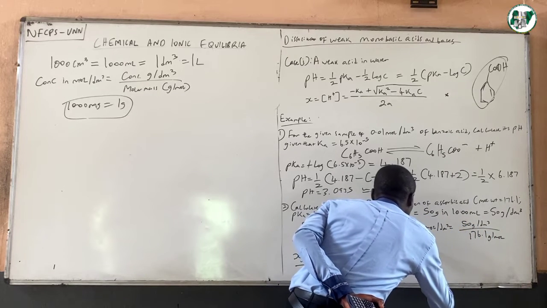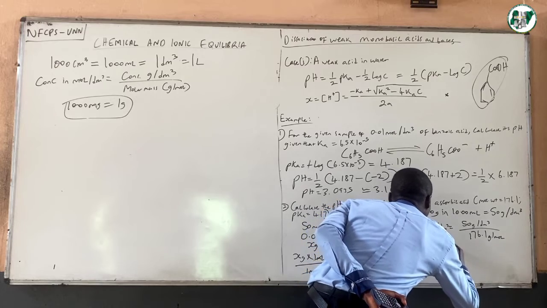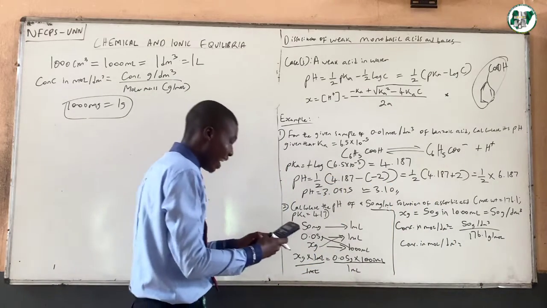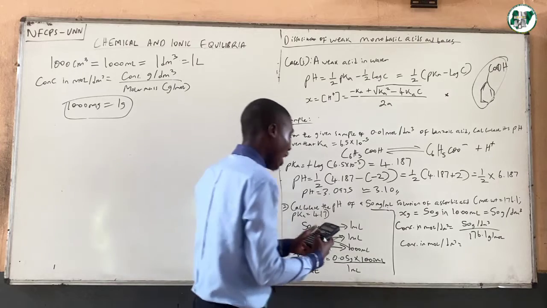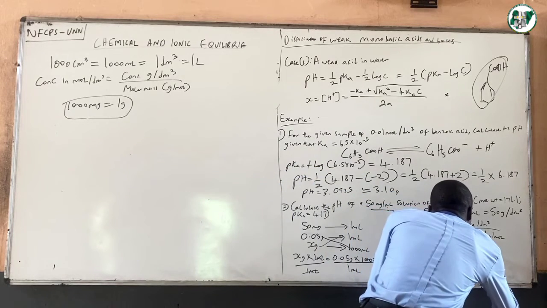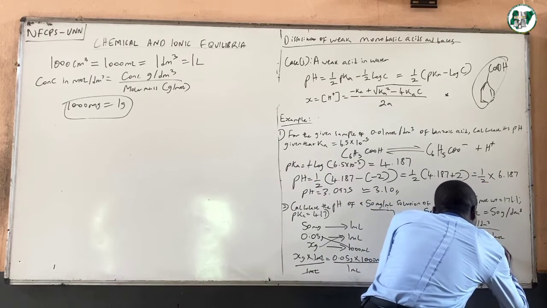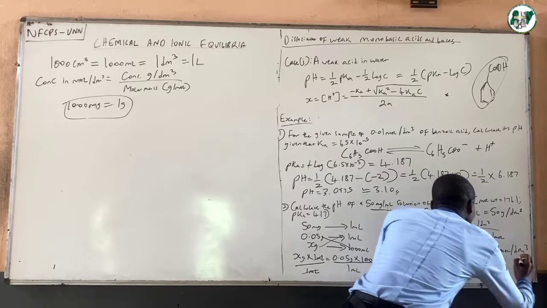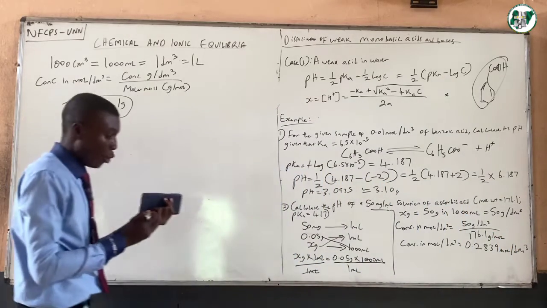So we have 50 divided by 176.1. That's going to give us 0.2839 mole per dm cube.